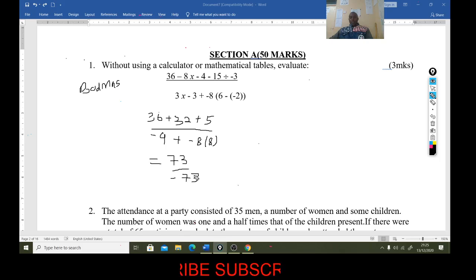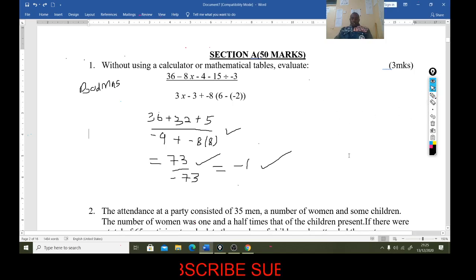So 73 divided by negative 73 gives you negative 1. That is how you do such a question. Use BODMAS. It is very simple to score 3 marks, as simple as that.